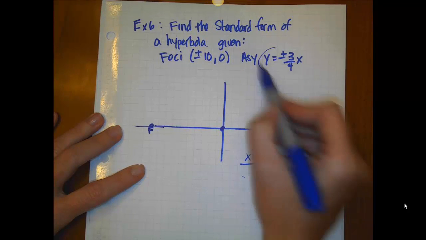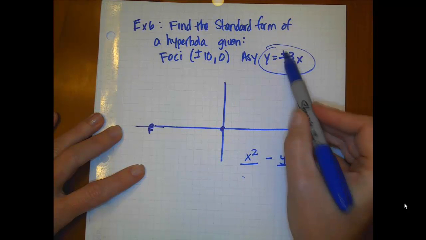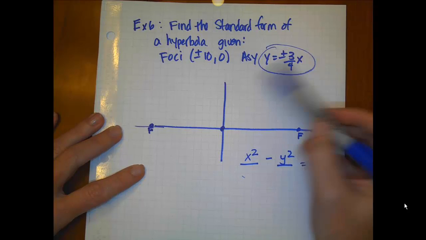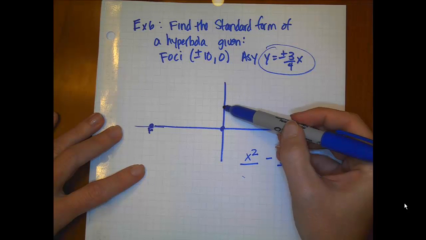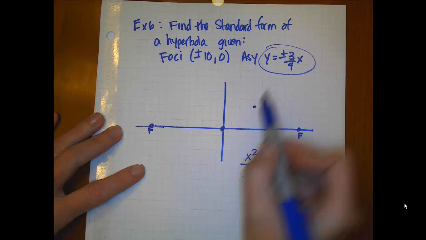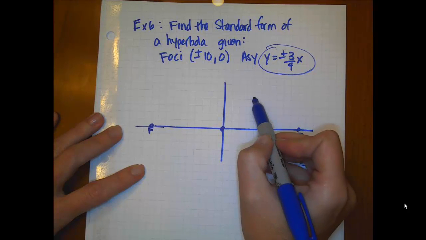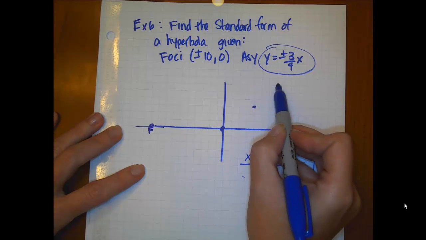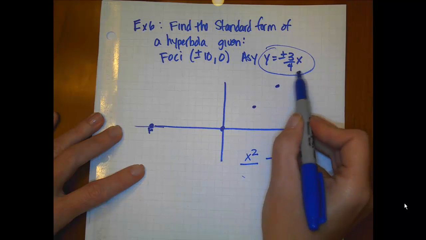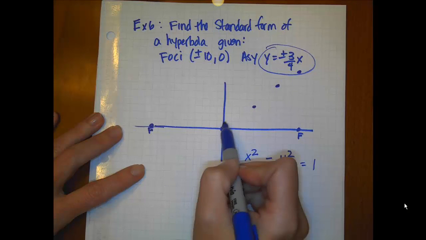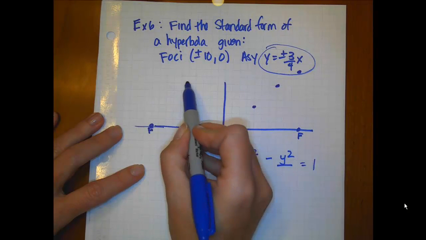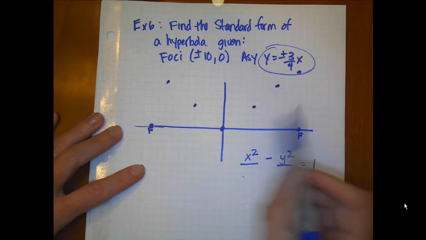Now I need to figure out the numbers that go underneath. Well, I was given that the asymptotes are y equals plus or minus 3 over 4 x. Here is the problem. I know that if I go up 3 and over 4, that's a point on the asymptote. But so is up 3 and over 4 again, if I keep going. If I go the opposite direction, up 3 and over 4, these are my asymptotes.